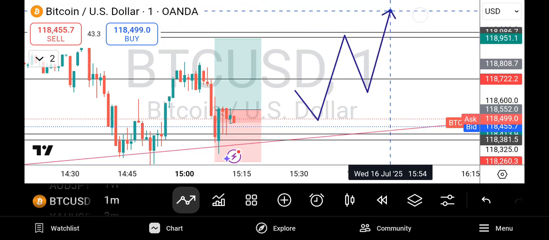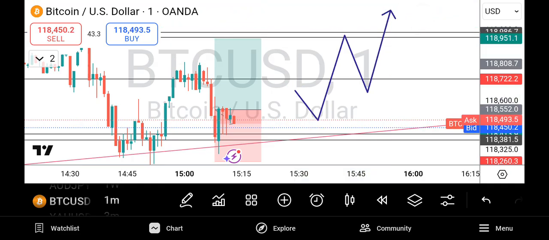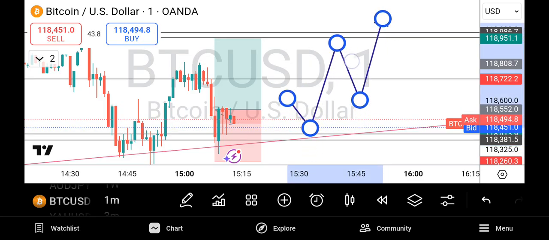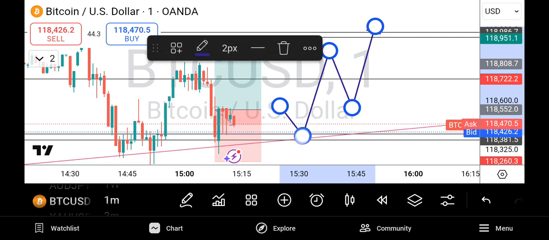Okay, so this is the market structure I'll be looking at. So this is a zone. This is a zone. This is a zone.